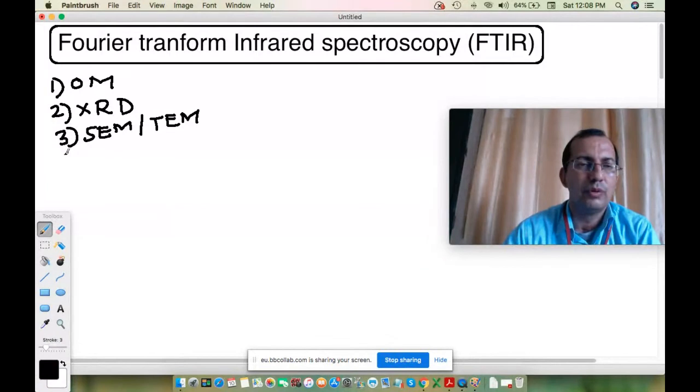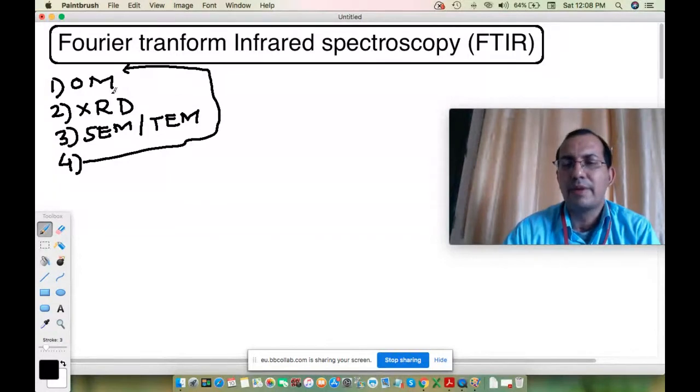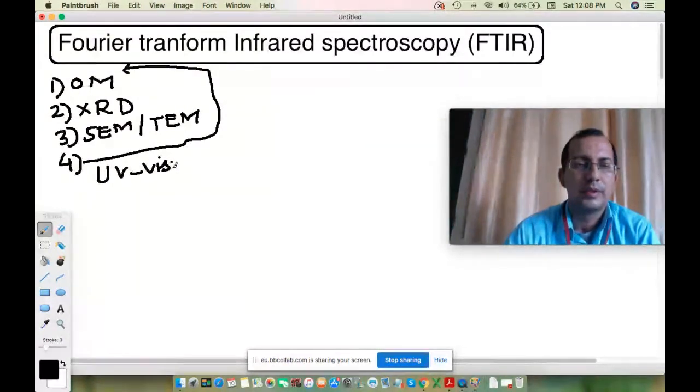The fourth thing: most of the times, before doing anything, sometimes people do this first. After fabrication of the sample, they can directly come to the first point, that is UV visible. Okay? UV visible. And the fifth thing, many people don't do that.